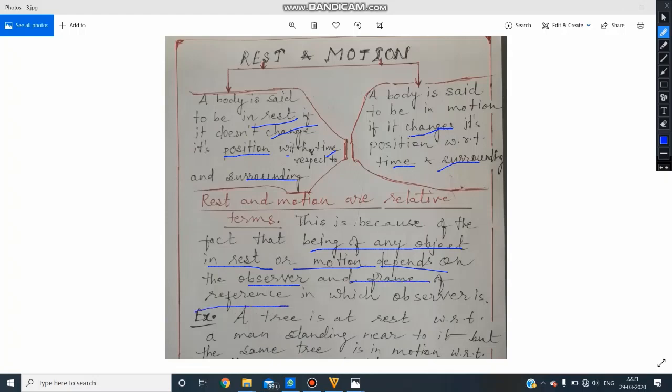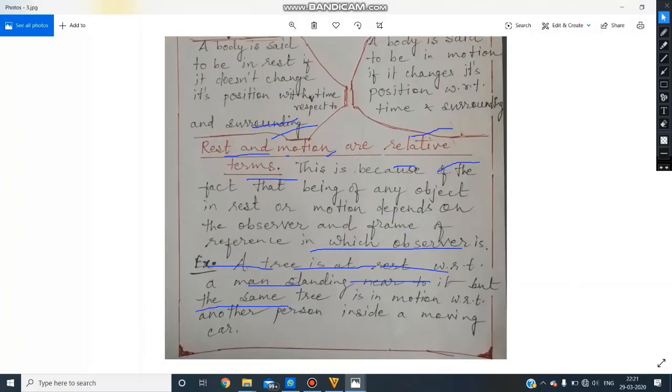For example, if there is a man standing near the tree, then with respect to that man, the tree will be at rest. But the same tree will be in motion with respect to another observer who is inside a moving car. So accordingly, we say rest and motion are relative terms.